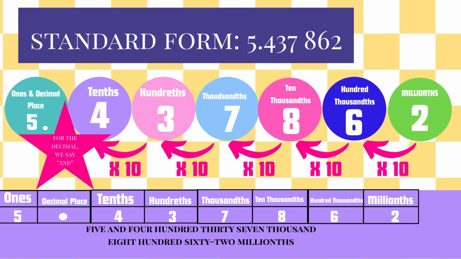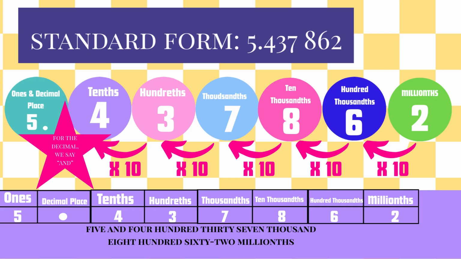Now we're going to go deeper with all 6 places after the decimal. In our next closer look, we will use all 6 numbers after the decimal point. The standard form I'm showing you here has the digits 5.437862.